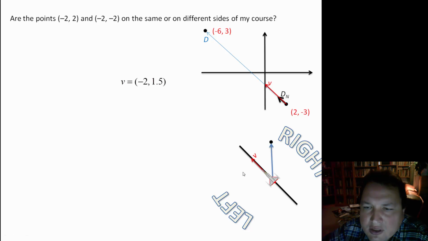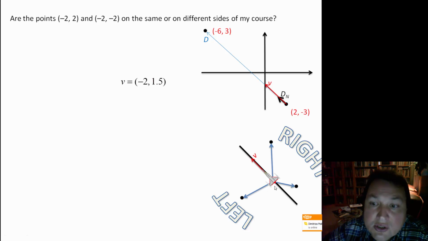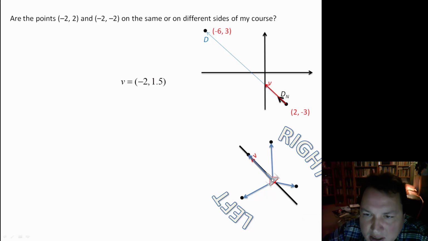And now everything that is on the right of the velocity vector is my right hand side. Everything that is on the left hand side of the vector v is also on my left hand side. This displacement vector represents the borderline case in which the point is neither on my left or on my right, it's exactly in my front.